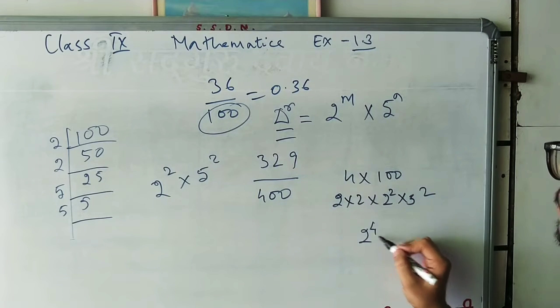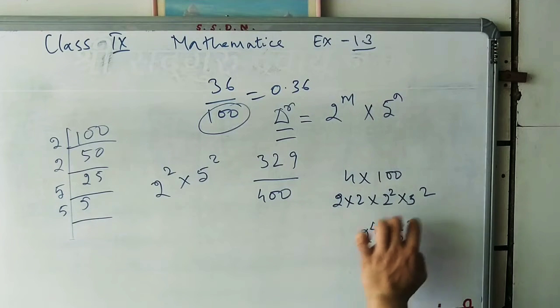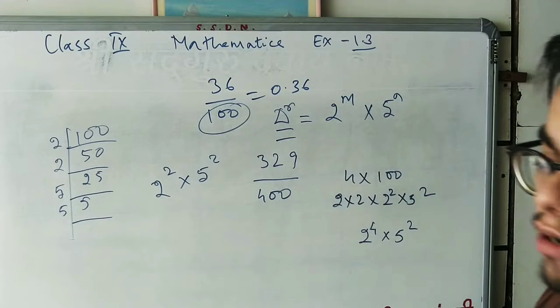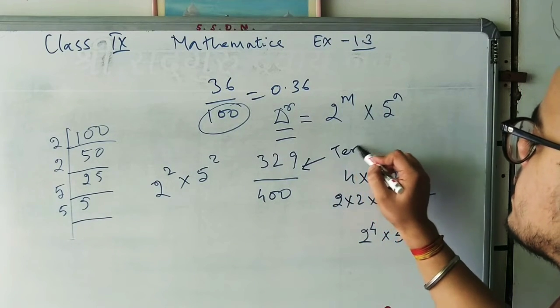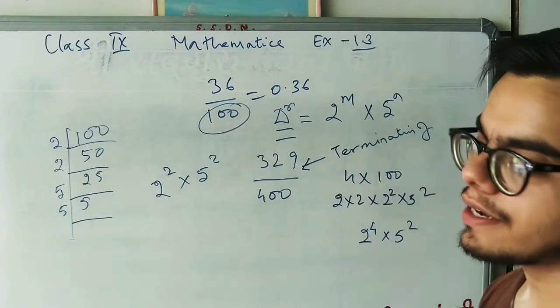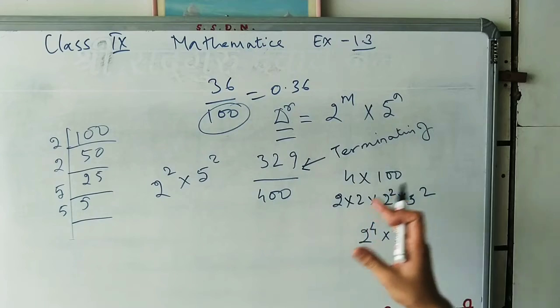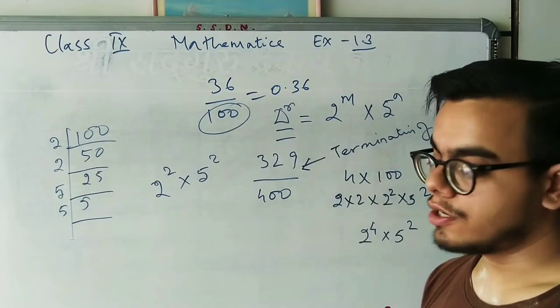It is 2 to the power 4 into 5 to the power 2. The denominator is in the form of 2 raised to the power m and 5 raised to the power n, so we can say directly that this is terminating, without dividing. Only by prime factorization we can directly say whether the given number is terminating or non-terminating.